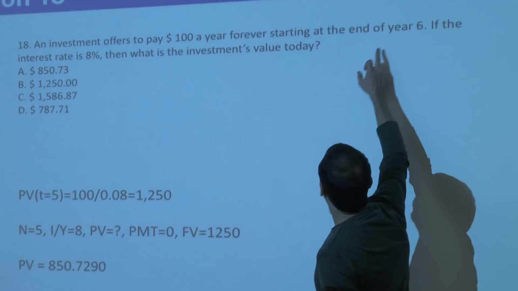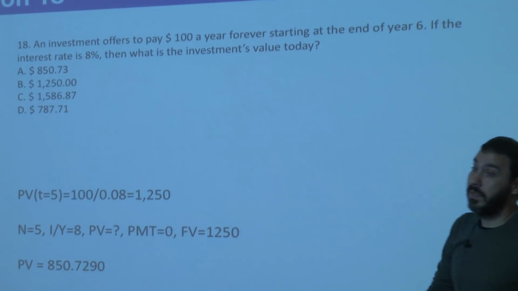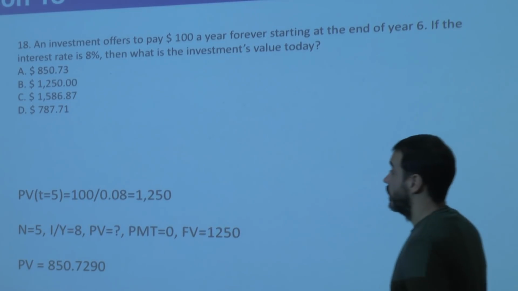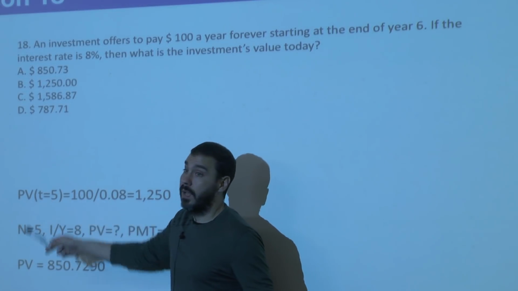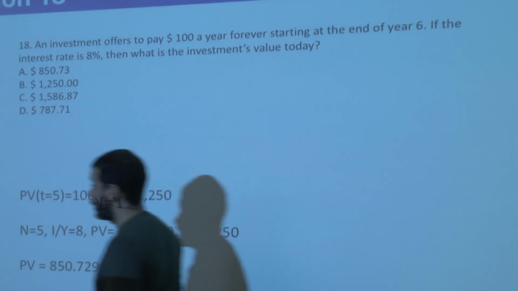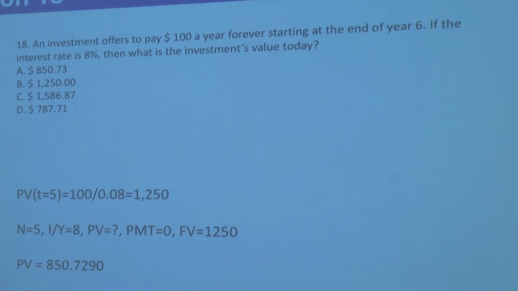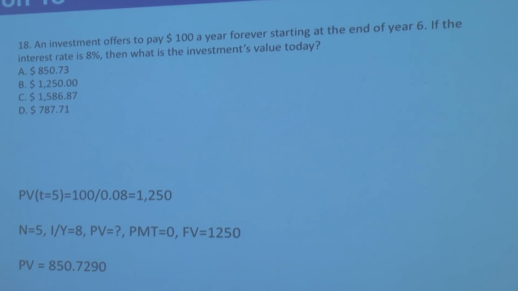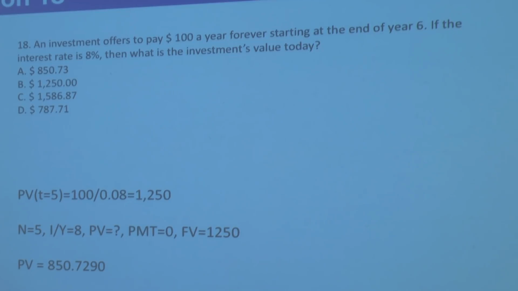Now, when is this present value at? So the first payment is made in time t equals 6. So the present value of this perpetuity is at time t equals 5. Again, do you see why? If we were valuing a perpetuity that starts at time 0, the first payment would happen at time 1, one year from now, and the present value would be at time 0.